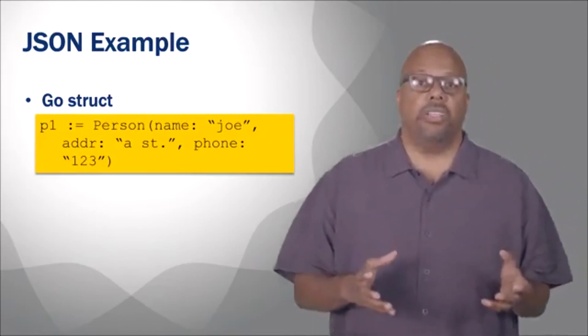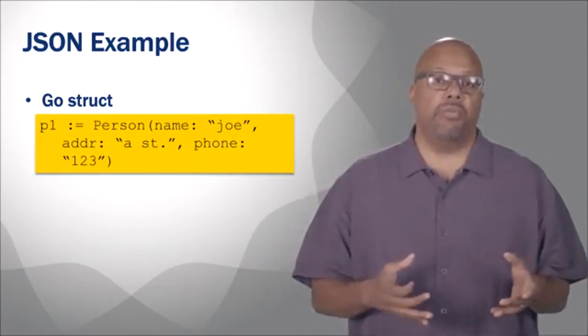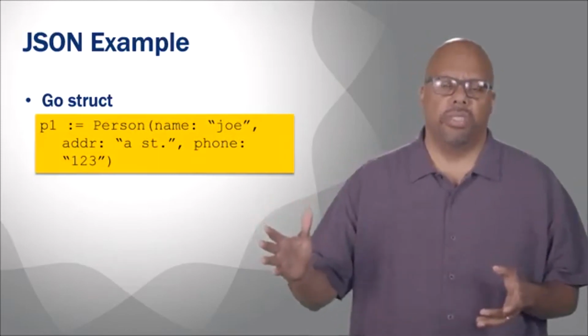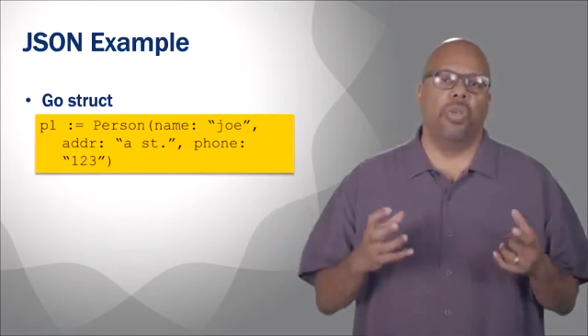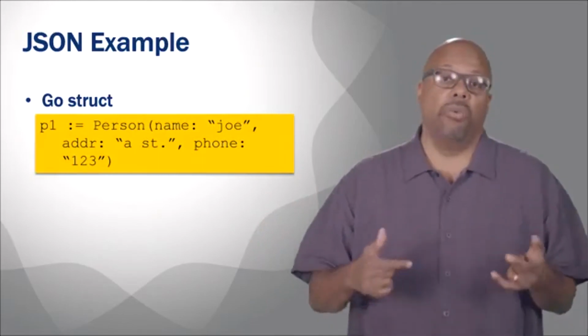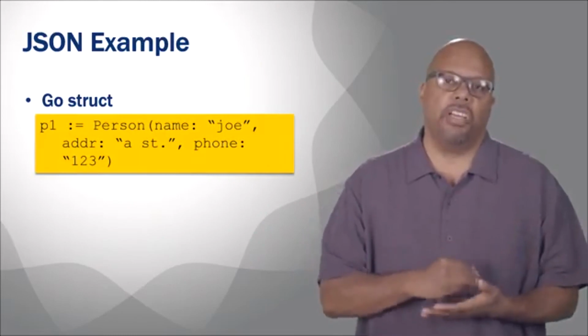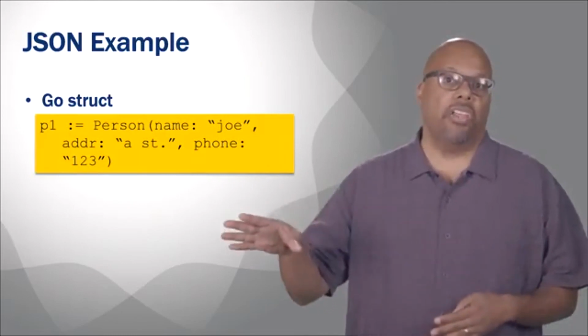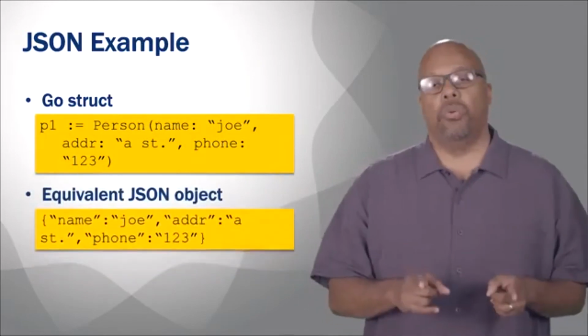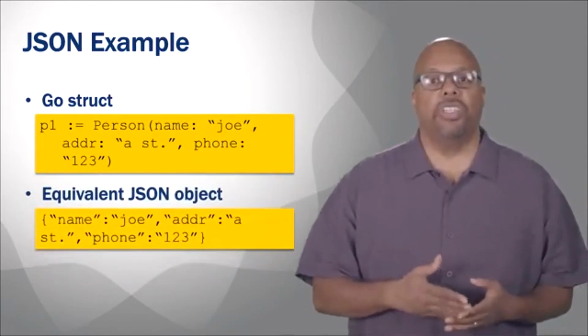Maybe we want to transfer that information to another machine somewhere else. Okay, we want to give it to somebody. Right now we have it represented as a structure in Go. We want to represent it in this common JSON format so that some other program, some other system somewhere can interpret it. So what we're showing below is the equivalent JSON object.